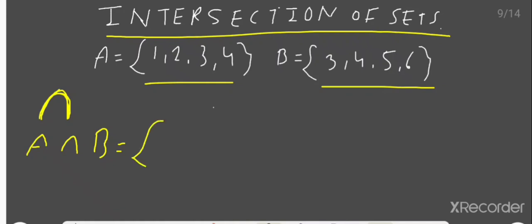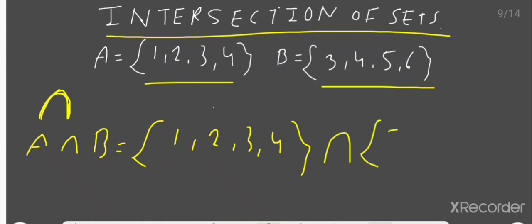So first we have to write set A. What is set A? 1, 2, 3 and 4. Next we write the intersection symbol. Next B, 3, 4, 5, 6. So which ones are common in both sets?